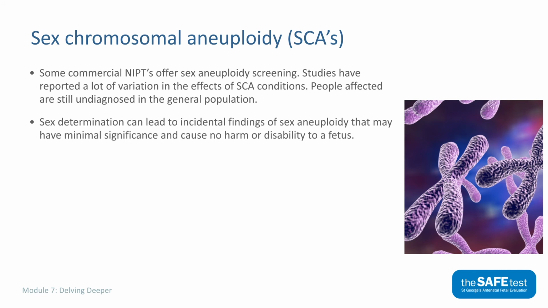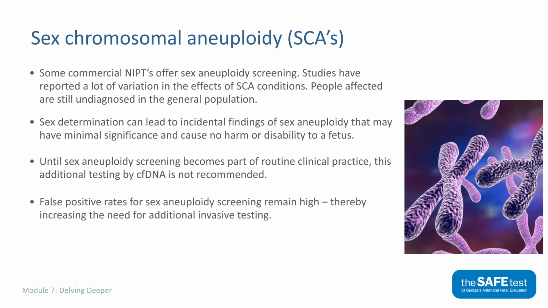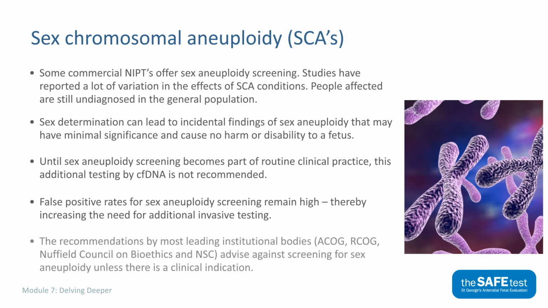Sex determination can lead to incidental findings of sex aneuploidy that may have minimal significance and cause no harm or disability to a fetus. Until sex aneuploidy screening becomes part of routine clinical practice, this additional testing by NIPT is not recommended. False positive rates for sex aneuploidy screening remain high, thereby increasing the need for additional invasive testing.